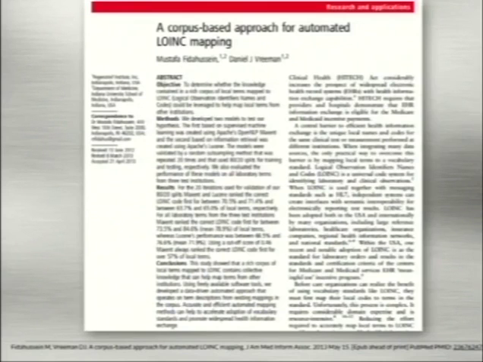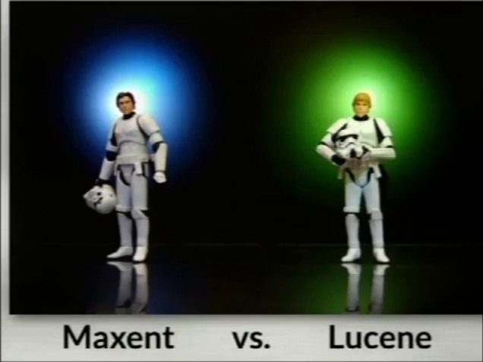When we get the next hospital, number 101, could we use the 100 other hospitals that have already been mapped, their data, to inform and automate the process of mapping that next one in line? In this paper, we compared two specific approaches for doing that automated mapping: Maxent, which is a maximum entropy technology, and LOINC, which is a common information retrieval type thing.